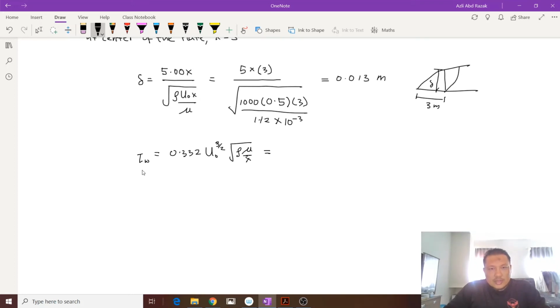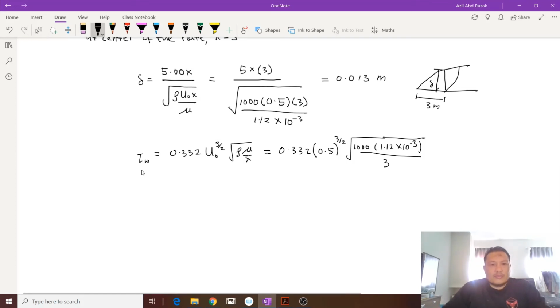If we substitute all those values given to us, we have 0.332 multiplied by 0.5 to the power of 3 over 2, then multiply by the square root of 1000 times 1.12, and divide by 3.